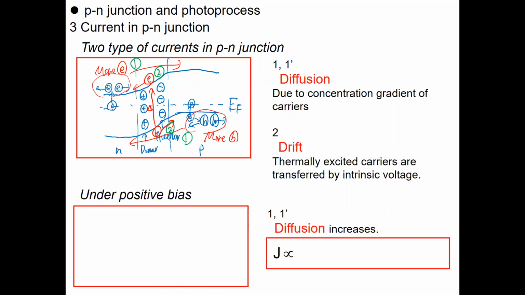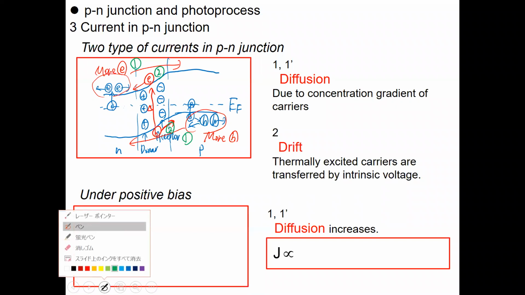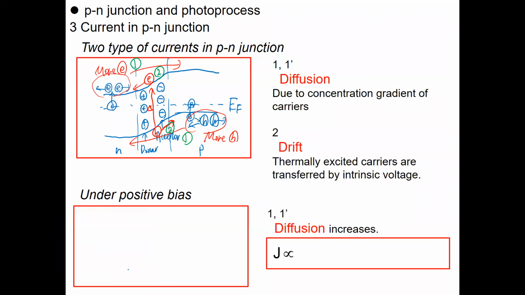So think about what will happen if the bias is applied. Bias means the voltage applied. There's a definition of the direction for the bias voltage. Originally it is something like this, the original PN junction.